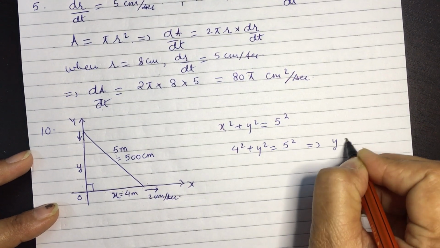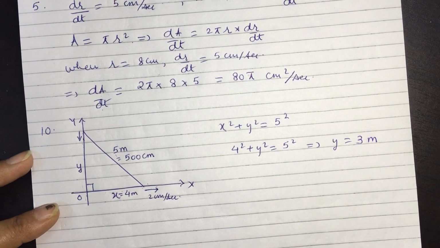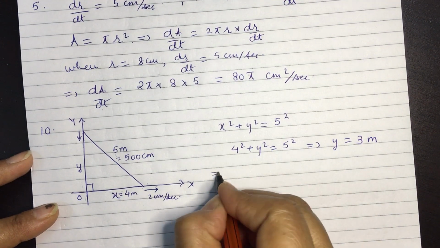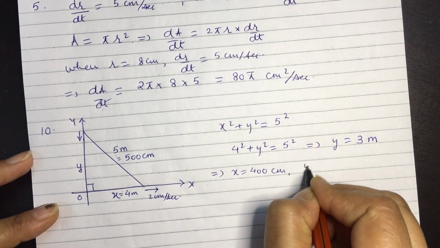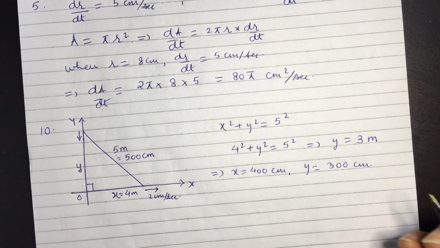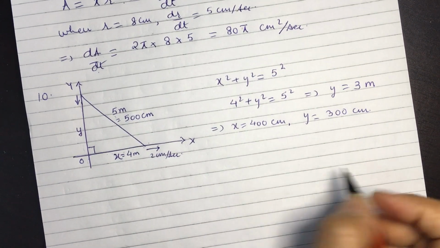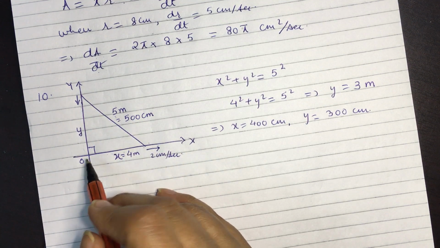It implies that y equal to 3 meters. So if we are converting everything in centimeters, it implies that x equal to 400 centimeter, y equal to 300 centimeters.